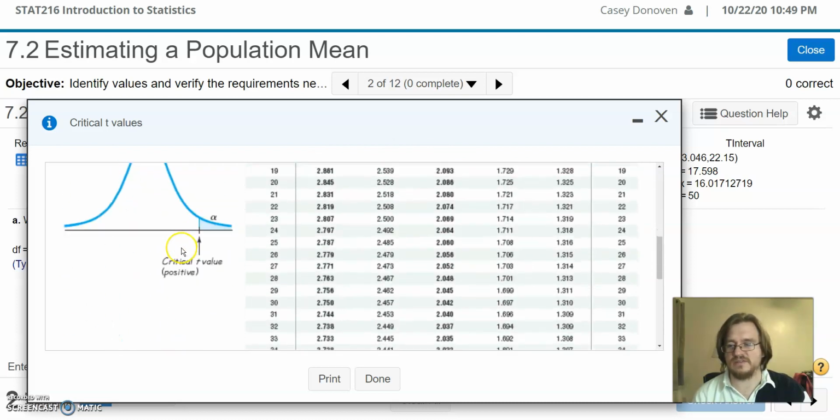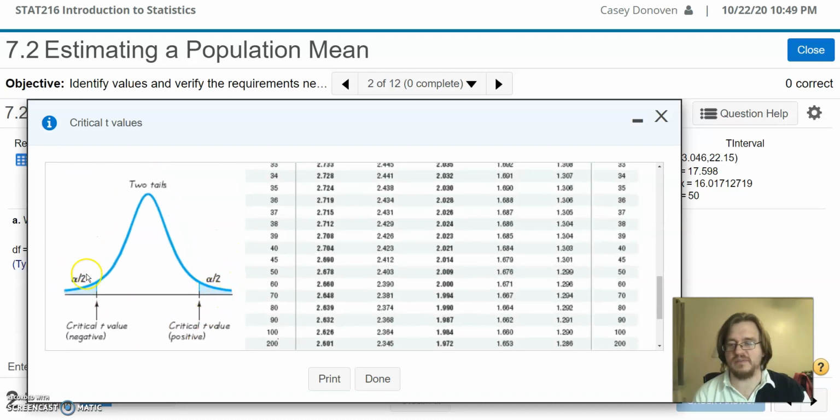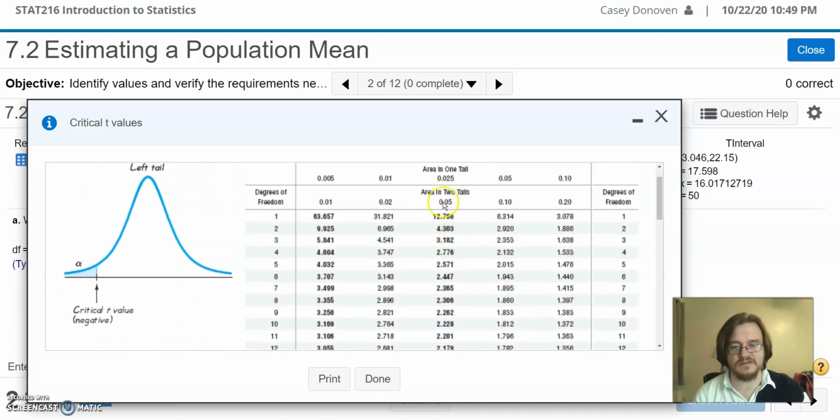So if I scroll down to this picture over here, in the two tails, we're splitting up the area. So the total area in those two tails should be 0.05 because I'm looking at a 95% confidence interval. So the area in my two tails is 0.05. Come down to degrees of freedom 11, 2.201, which is the same as what we calculated before.